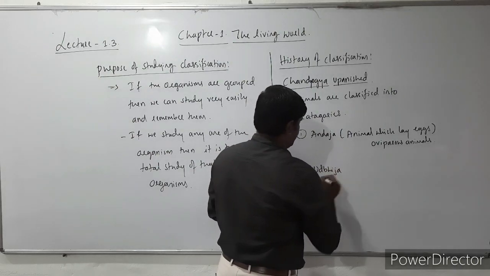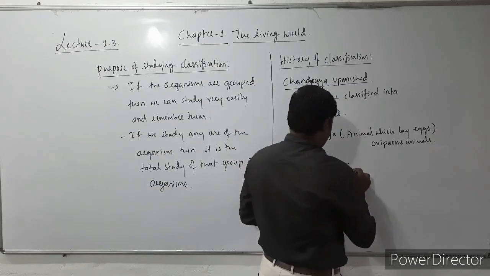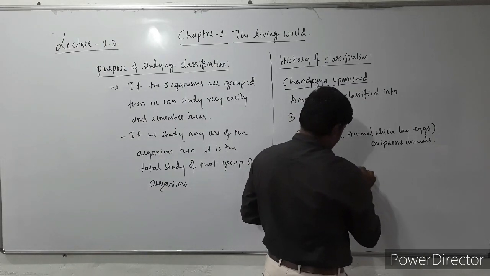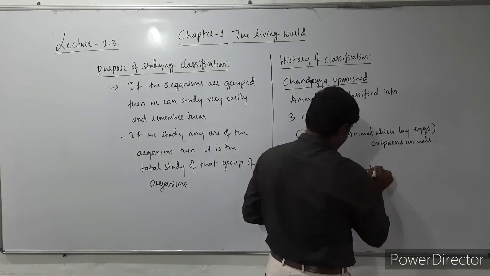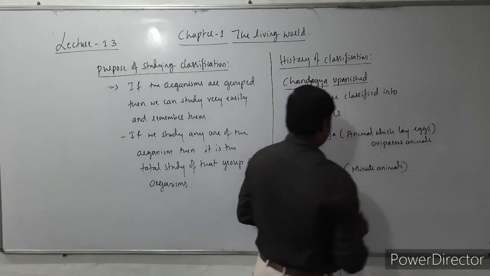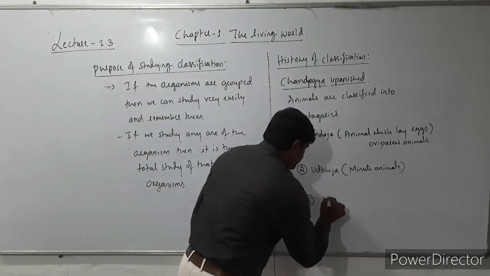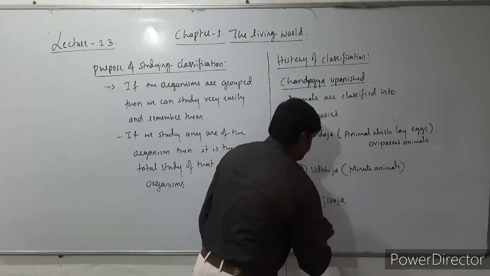Udbhija is another group of organisms. These are minute animals. And the third one, Jivaja.